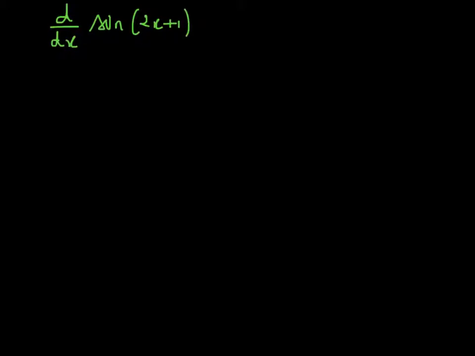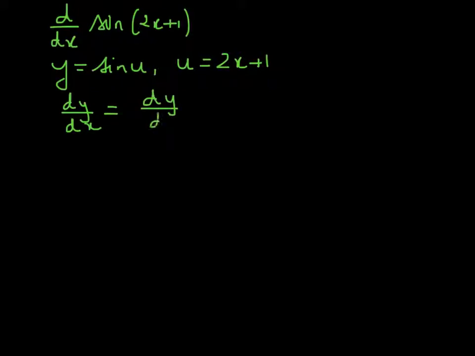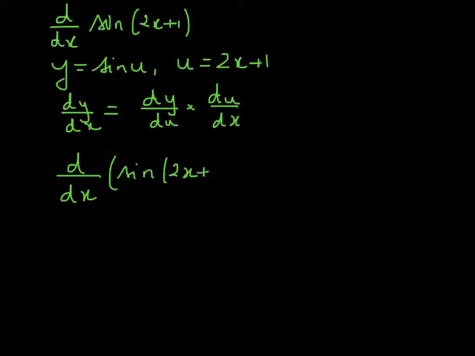Now, that's not sine x, but it's a composite function. It's sine u with u equals 2x plus 1. Then the chain rule tells me that if this is y, then dy by dx, because we need to differentiate with respect to x, is dy by du times du by dx. So the derivative with respect to x of sine of 2x plus 1 is the derivative with respect to u of sine u.